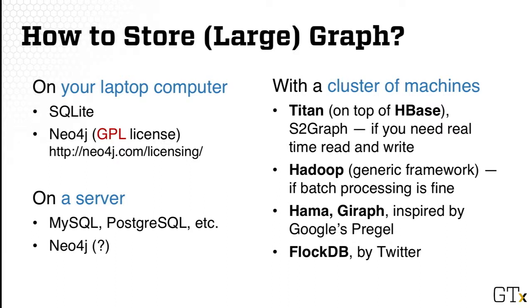You can save, for example, the graph as an adjacency list or an edge list. There are also other libraries like Hama and Giraph, and they are both inspired by Google's Pregel project. And also from other commercial companies like Twitter, they also have their own database, for example, FlockDB from Twitter.